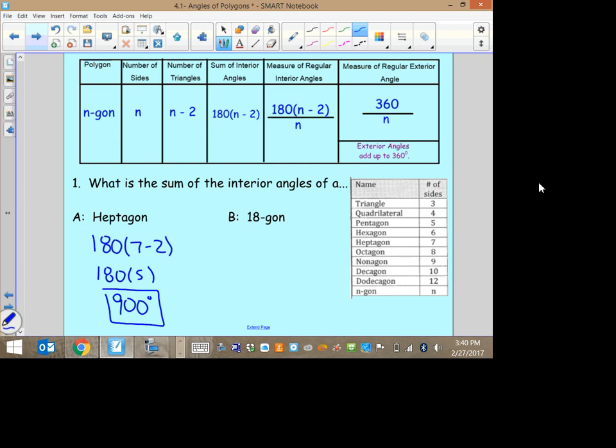For an 18-gon, we're going to get 180 times 18 minus 2. So 180 times 16, and that's going to give us 2,880 degrees.